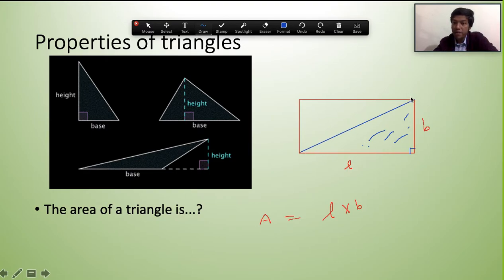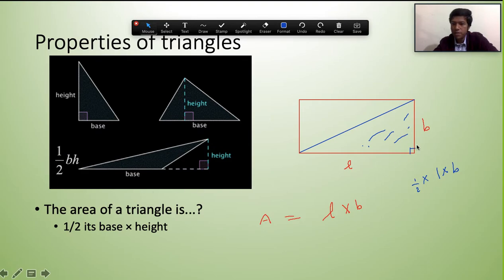Because this line divides the full figure into two parts. That means this will be half of whatever it is, half into L into B. That's what the area of a triangle is, half into base into height.